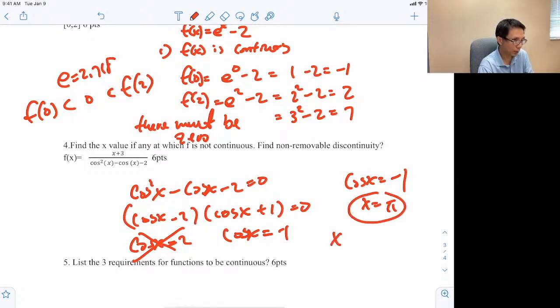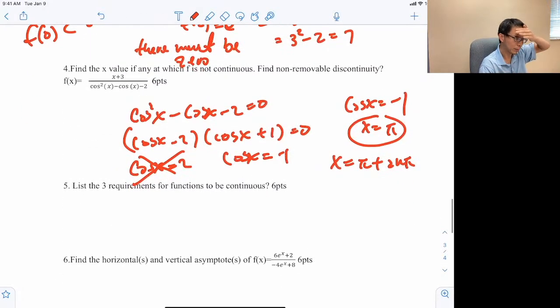But if you want a completely correct answer, it is pi plus 2n pi, because it just keeps cycling back to the same location. So this one would be a better answer than just pi, but if you got pi, I'll give you full credit. So you got cosine x equals -1. He treated cosine like it was a variable, because if you do that, you can factor really easily.